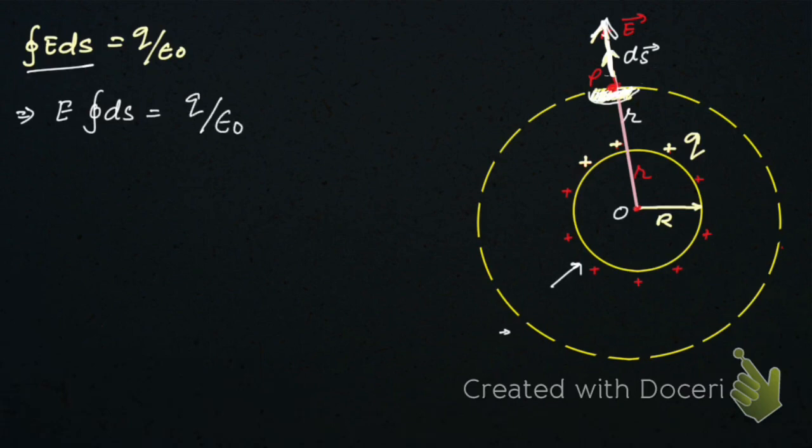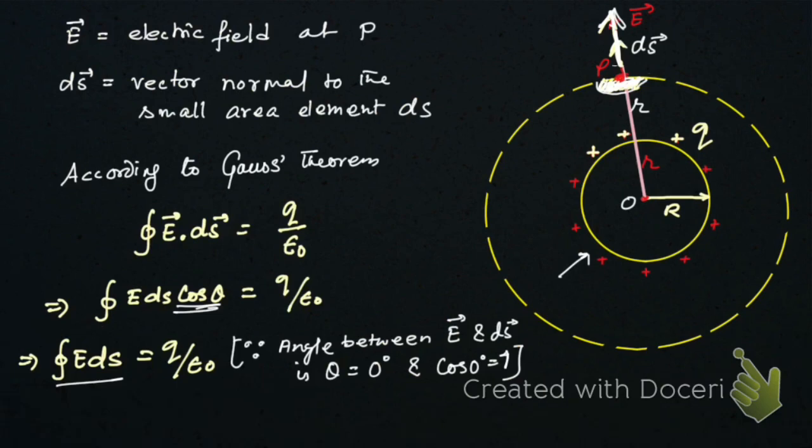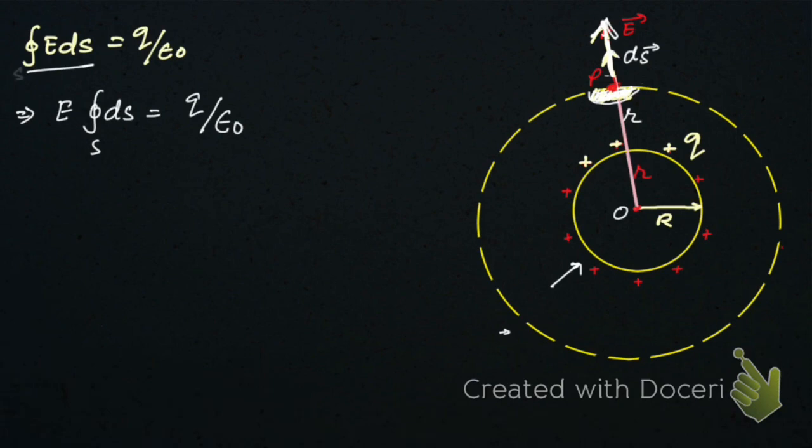Now if you integrate ds, this is a surface integral over S. It gives you the surface area of this Gaussian surface, which is spherical, and its radius is r, so its area must be 4 pi r square.